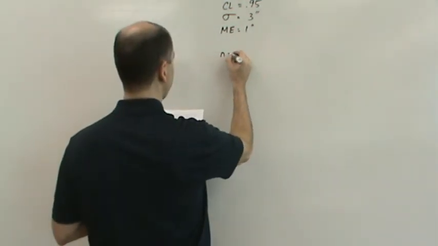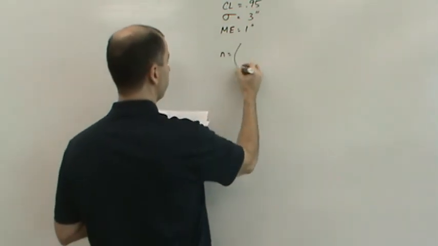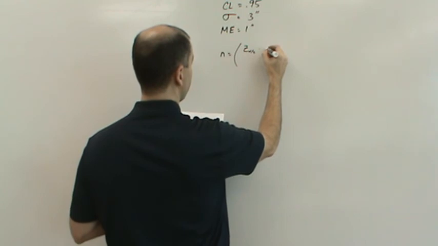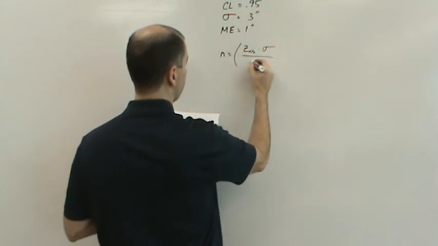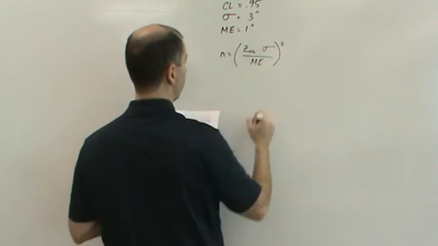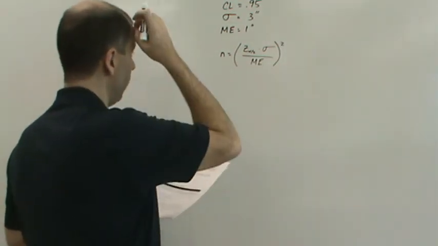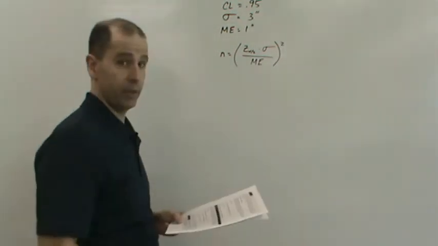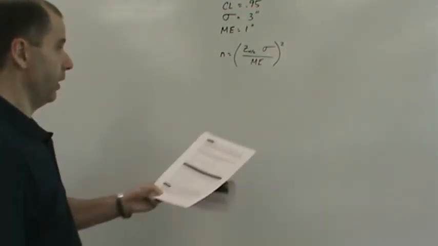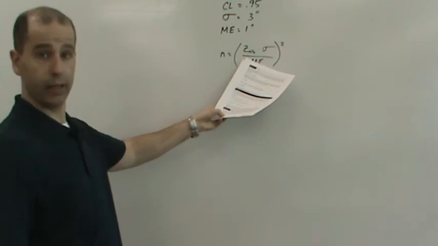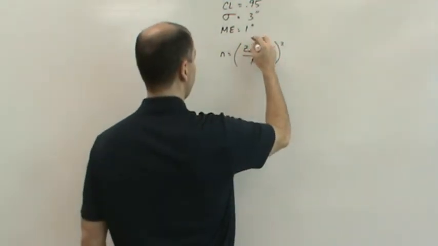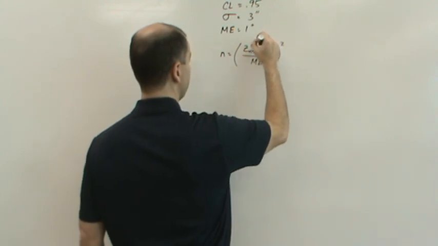Okay, again, we're going to use our formula, n equals z alpha divided by 2 times sigma over the margin of error, quantity squared. Now, the z alpha divided by 2 critical value is still going to be the same, right? So this value right here is still going to be 1.96. Again, you could use the table or inverse norm to get that for you.